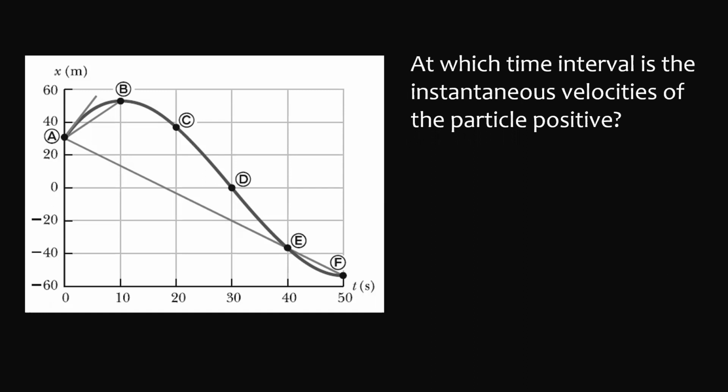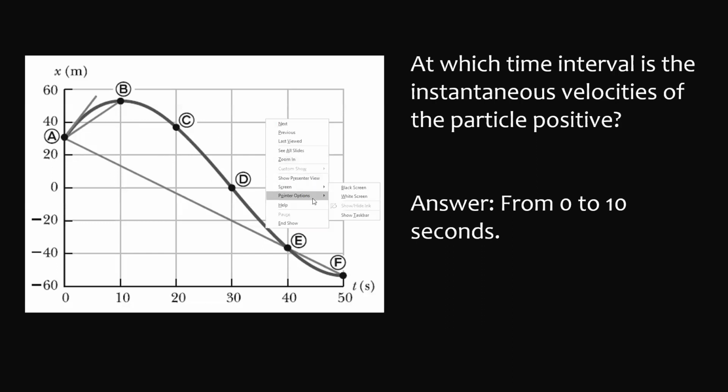Try to imagine. The answer is from 0 to 10 seconds. If you draw tangent lines along the curve from 0 to 10 seconds, you will see that the slopes are positive. Let me see if I can draw that.